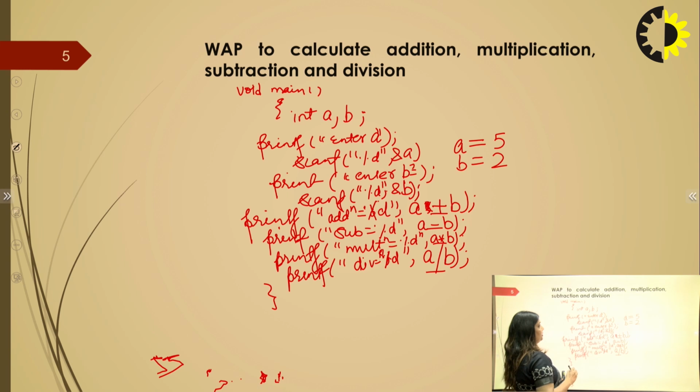Here I have declared the a and b variables as integer type, so there will be a slight change in the division process.